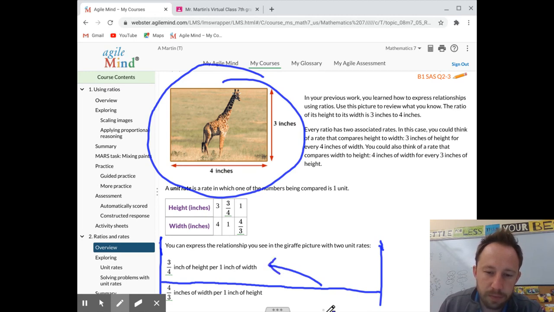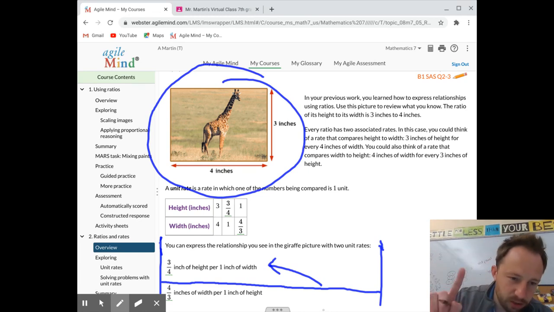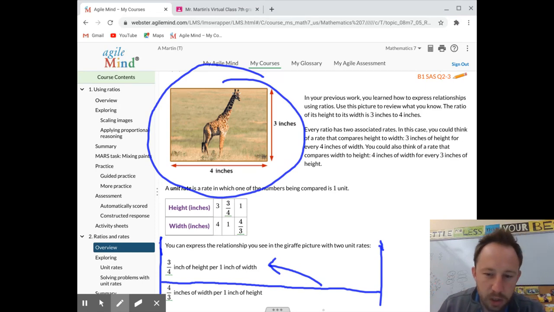All right. 3/4 inches of height per 1 inch of width. Okay, so that's one of our answers. So everybody should have that for number 3. Militon, what's the second answer? 4/3 inches of width per 1 inch of height. Good.